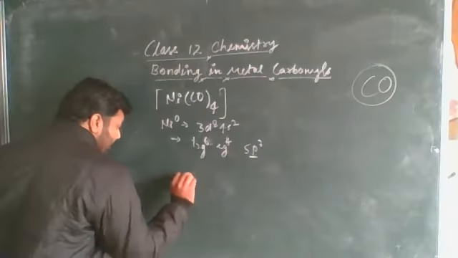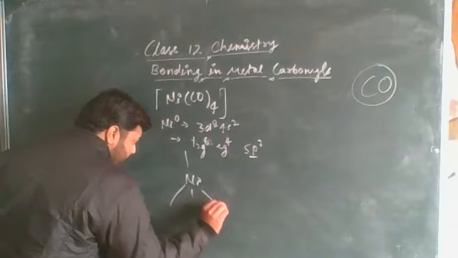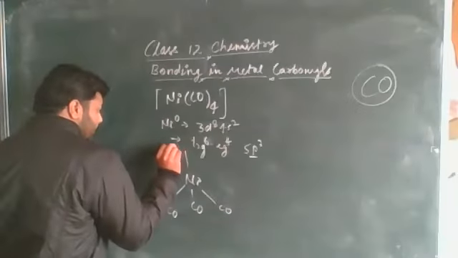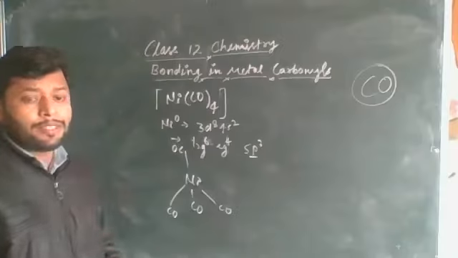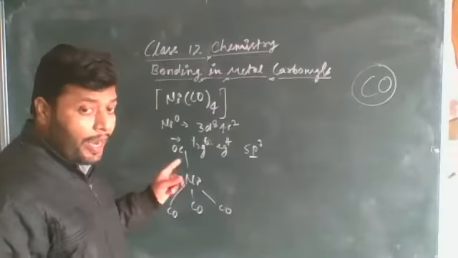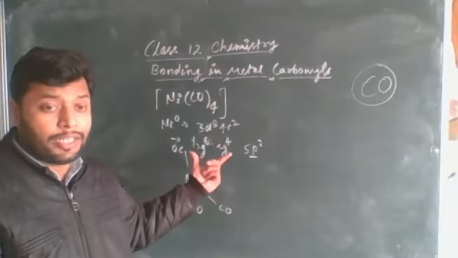So the complex of nickel here is the complex formation of nickel with four carbon monoxide, which is a tetrahedral condition. Look at the electronic configuration in the crystal field theory.